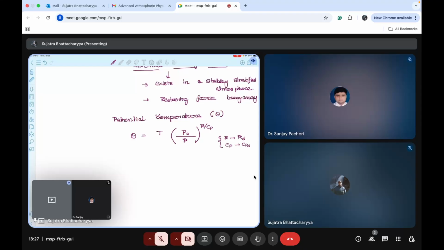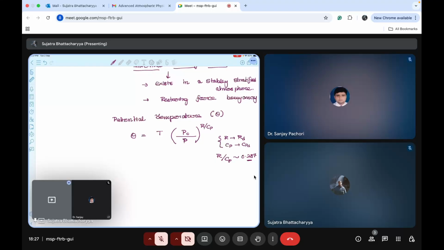So these are all dry. R has a value of 287 and Cp has a value of 1005. So R by Cp is about 0.287. I said 0.87 earlier, sorry, it is 0.287. Just remember this.